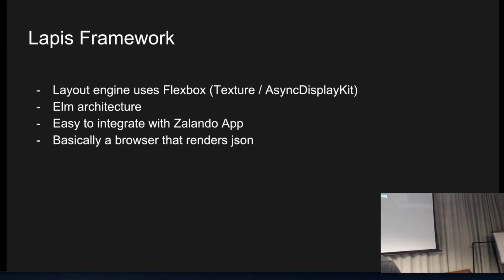Another thing about Lbase, the layout engine I mentioned before: we are using Flexbox. From the libraries I took a look at, I chose Texture, which was previously AsyncDisplayKit. I liked the features of this framework because it builds the layout in the background.